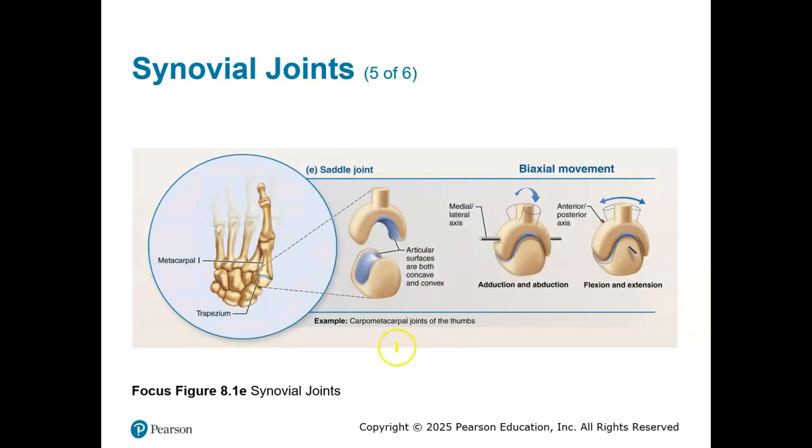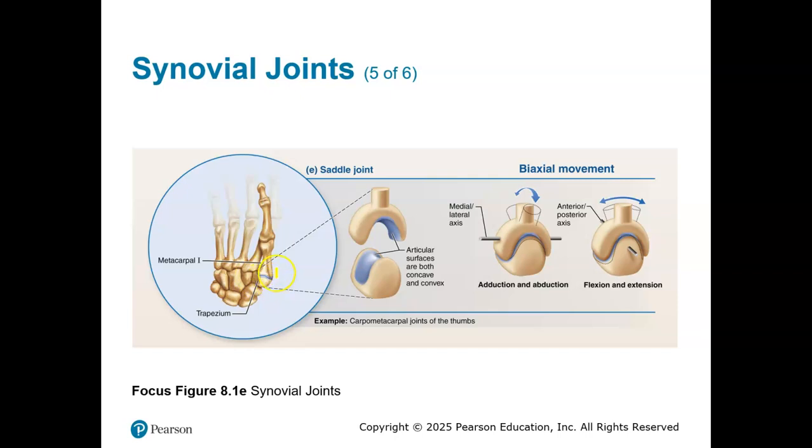There's a saddle joint, which is basically the metacarpal bone that articulates with your thumb, where that metacarpal articulates with the trapezium, which is a carpal bone, a wrist bone. So you've got a hand bone articulating with a wrist bone right here.